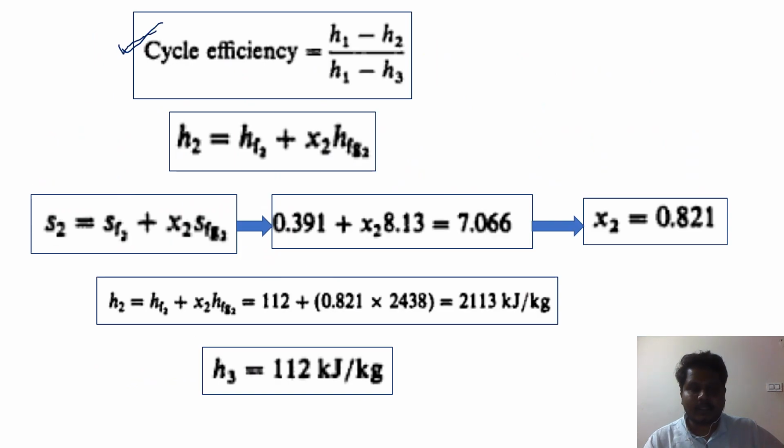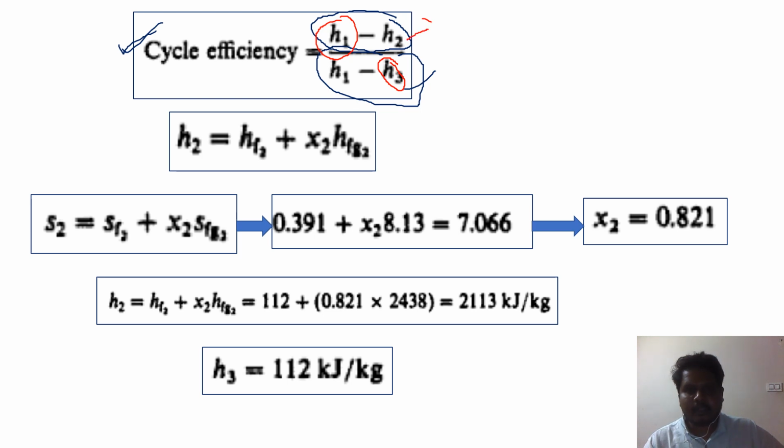Now we can find the cycle efficiency. Efficiency equals net work done divided by heat addition. Net work done is H1 minus H2. Heat addition is H1 minus H3. In this equation, H1 and H3 values we just calculated by interpolation.